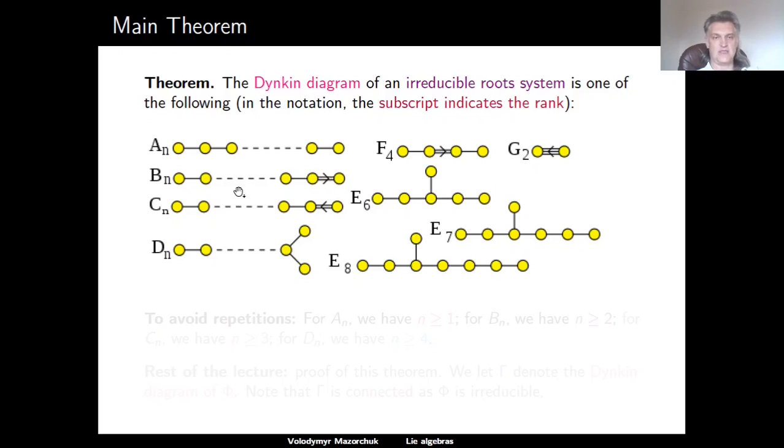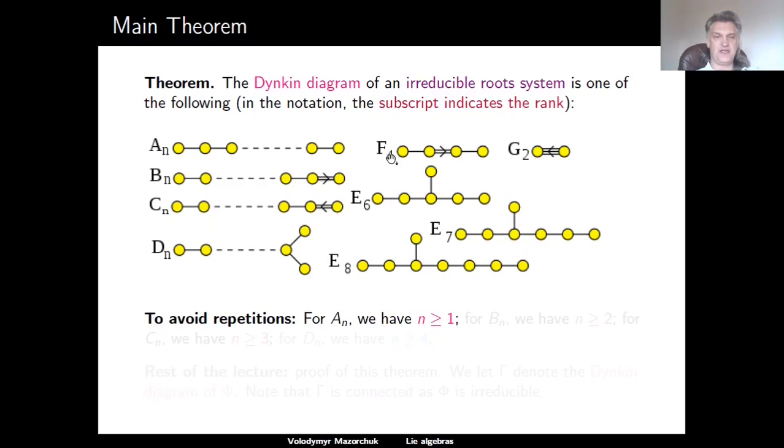Cn is the same as Bn, but this mark is reversed. Dn has a triple vertex. F4 is a root system of rank 4 with double edge in the middle. So G2 is a root system of rank 2 with triple edge. And then we have 3 more root systems E6, E7, and E8 as indicated here.